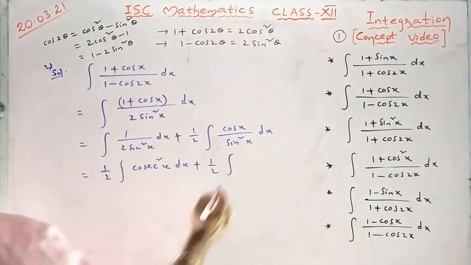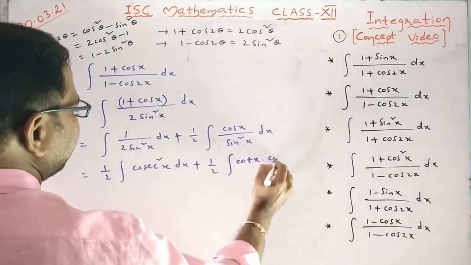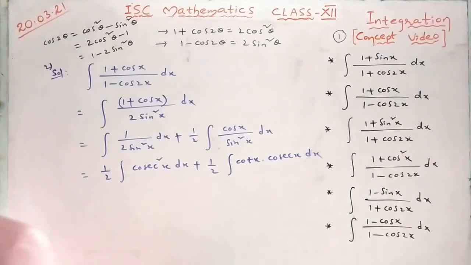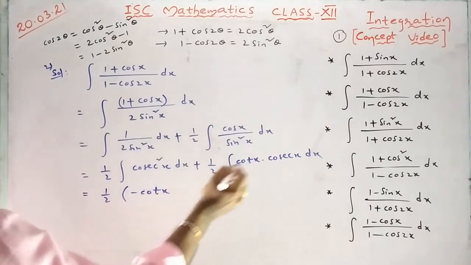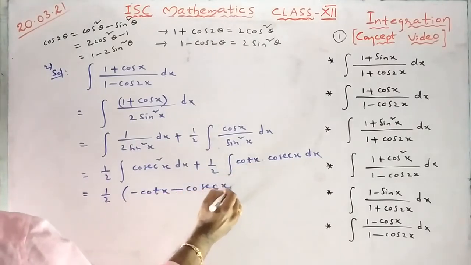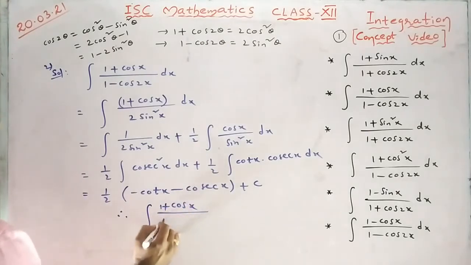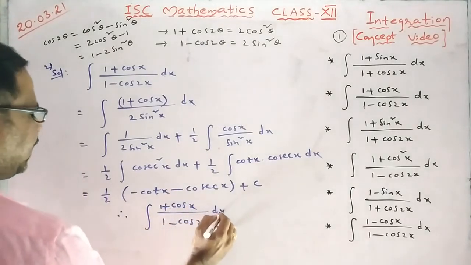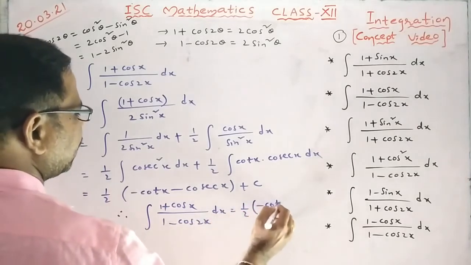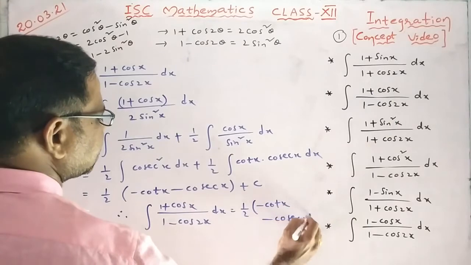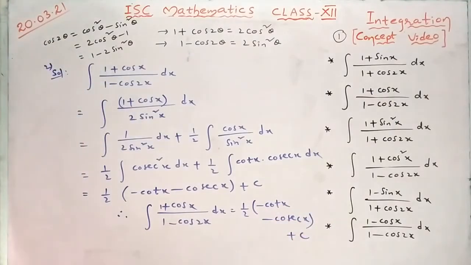Cos by sin means cot x, 1 by sin means cosecant x dx. Now we know the formulas for cosecant square x: minus cot x, and cosecant x cot x means minus cosecant x. 1 by 2 can be kept outside. So therefore integral 1 plus cos x by 1 minus cos 2x dx equal to half of minus cot x minus cosecant x plus c. That is the final answer, right? Now third one, can you try?